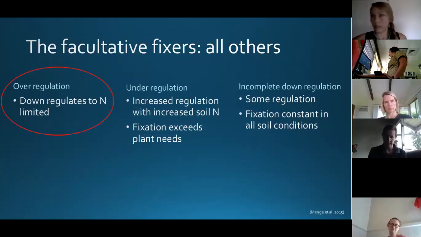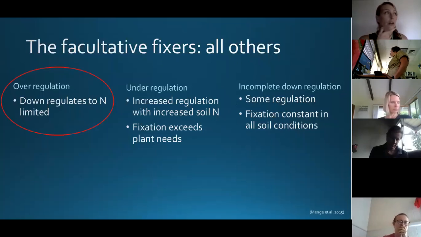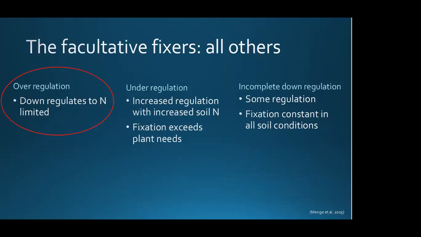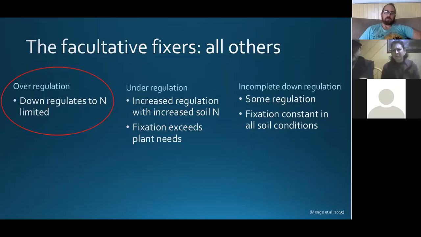So the Mediterranean legumes paper that I mentioned in 2015, which Jen was a part of, they actually proposed these subsets, or subcategories of facultative based on what they had found, and actually came up with models for how you can predict these different types of regulation within the facultative strategy.